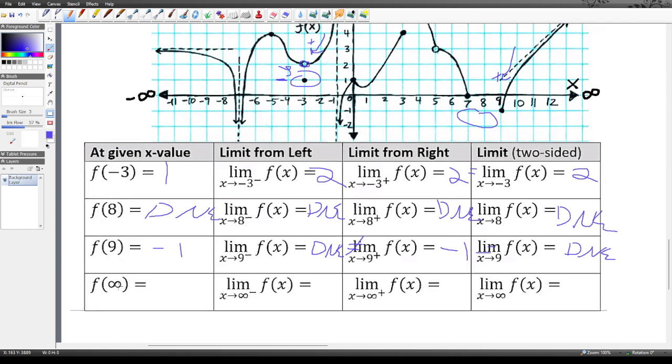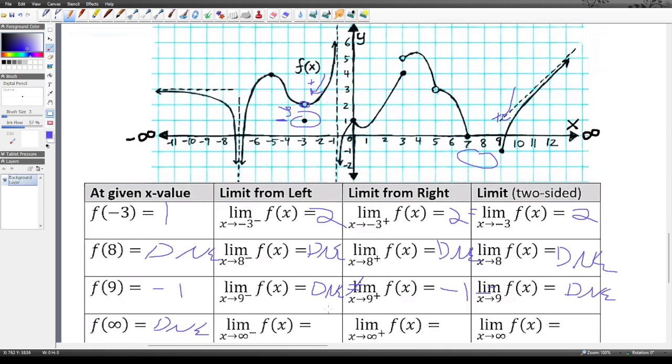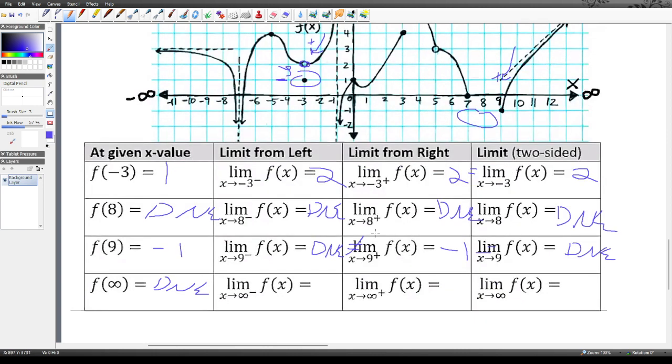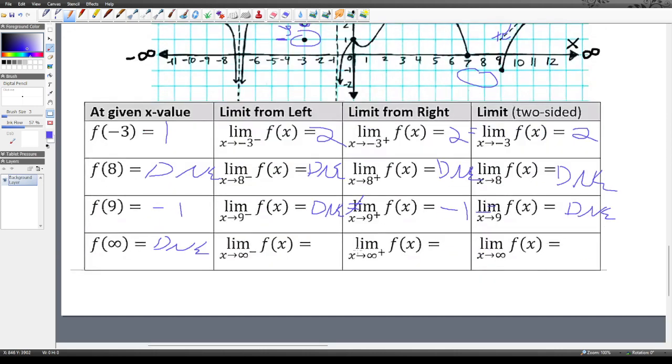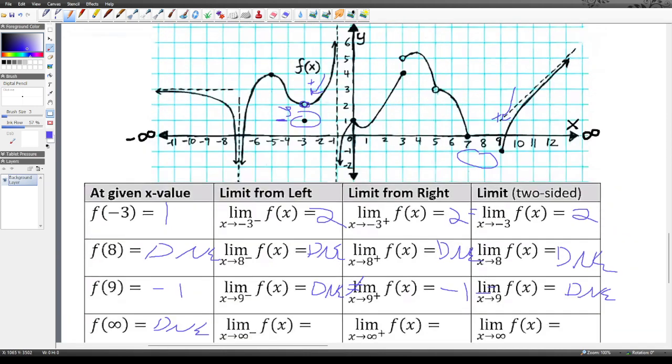Remember, we cannot substitute infinity in a function, so this will not exist. And positive infinity from the left side, it's hard to say from this graph, but I would say does not exist.